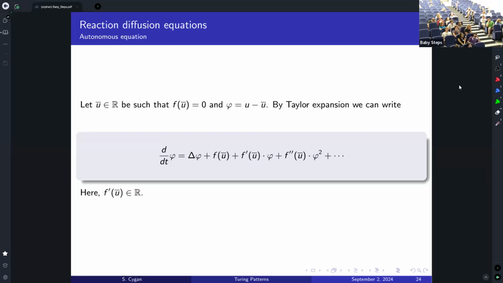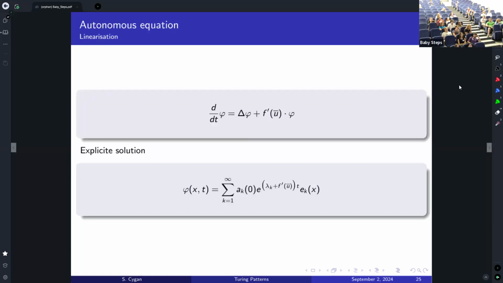If the solution u bar was stable in the system without the diffusion, so without the Laplace term, it implies that the derivative of the function f computed at the point u bar is negative, because this is the condition for asymptotic stability. So imagine that u bar is stable and this term is negative.